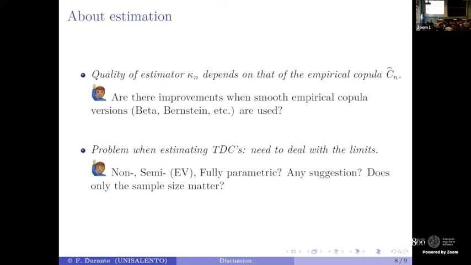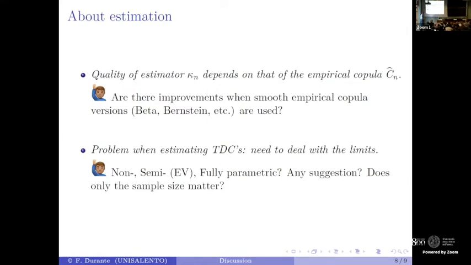And another question, which is a bit more general, perhaps, is this. When estimating tail dependence, basically you are estimating some limiting behavior. I was always tempted to put some parametric or semi-parametric assumption there, especially if you work with not so many data. But anyway, Irène presents something about the non-parametric issue and non-parametric estimation.